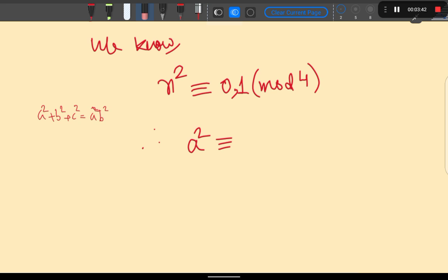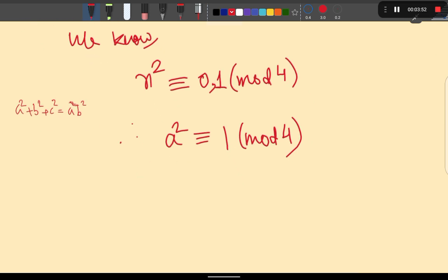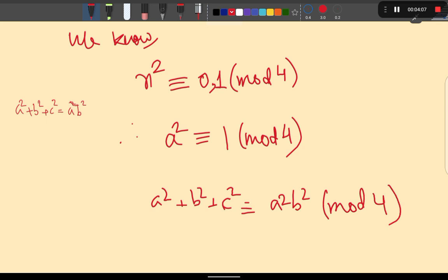Since this is case 1, we are taking a square congruent to 1 mod 4. So when a square is congruent to 1 mod 4, we can write a square plus b square plus c square congruent to a square b square mod 4.